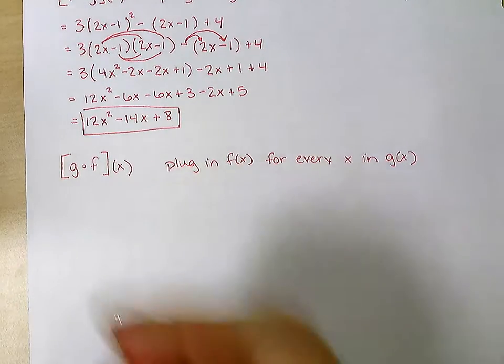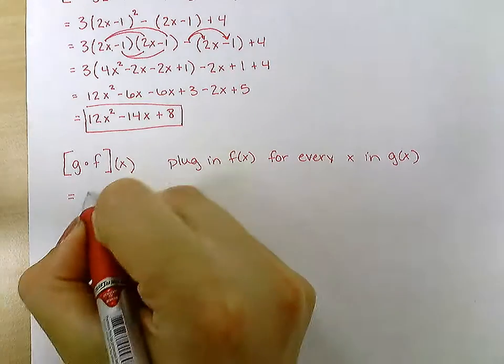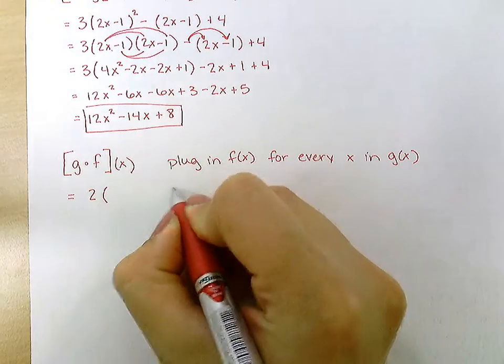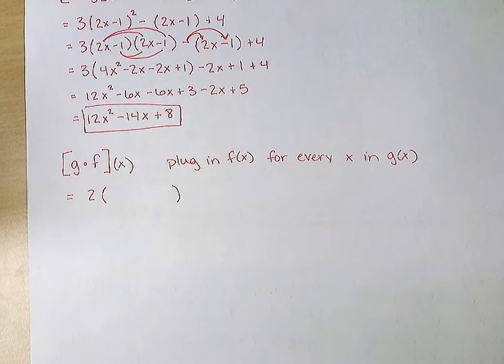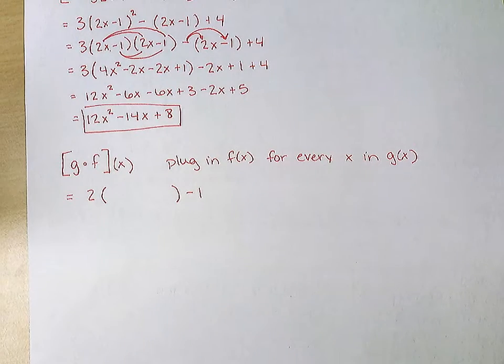So my g function is 2x minus 1. I'm going to leave that open space where my x was after the 2, and I'm still going to add in that minus 1. Now where that open space is, that's where you plug in your f of x function.